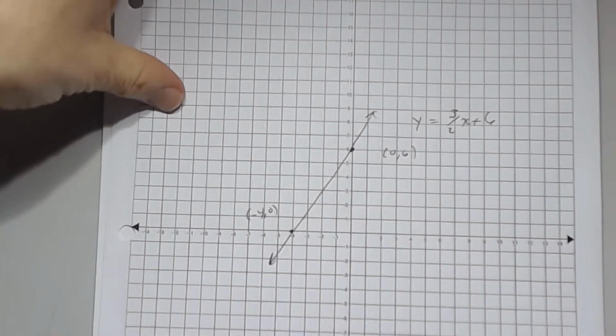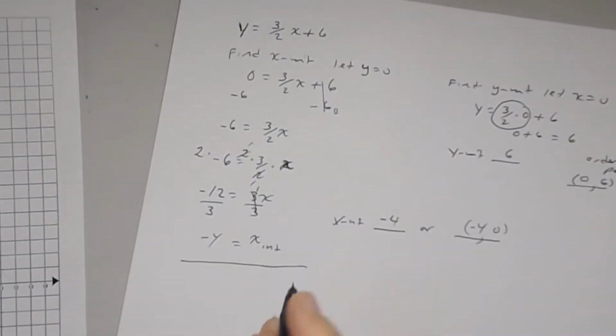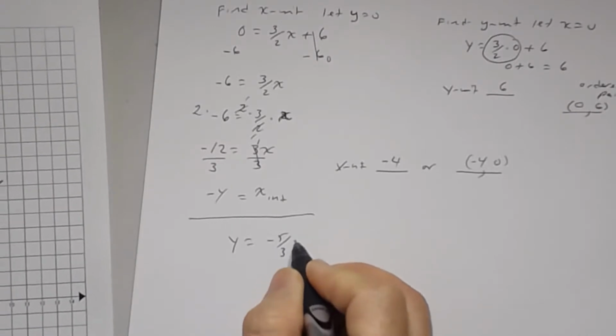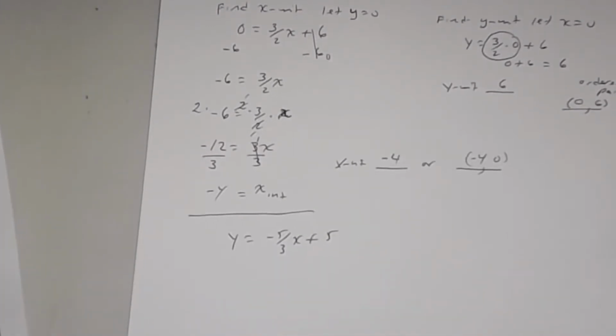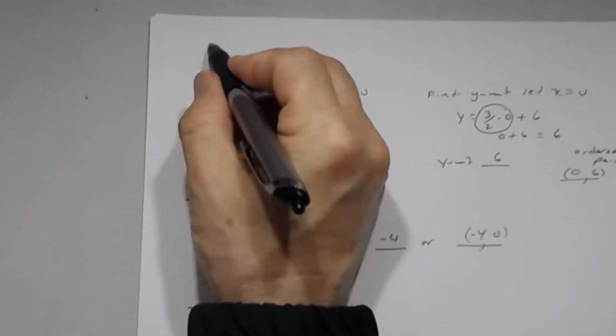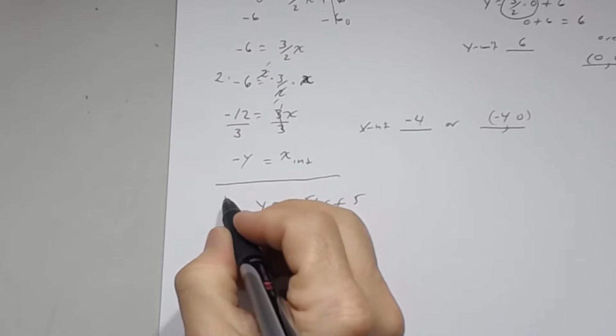All right, let's look at this one. Suppose I had this equation. The next one, let's suppose it was y equals negative 5/3 x plus 5. And let's graph this one using a t-table instead.